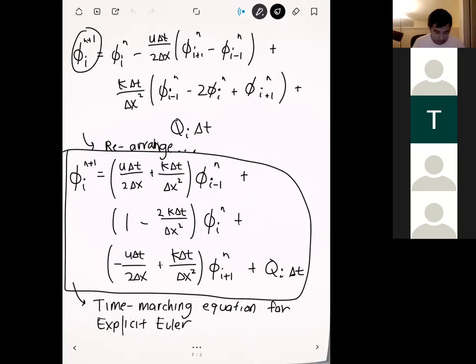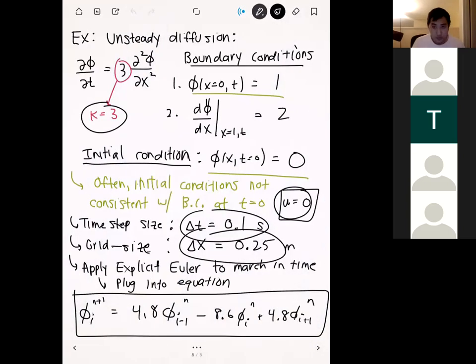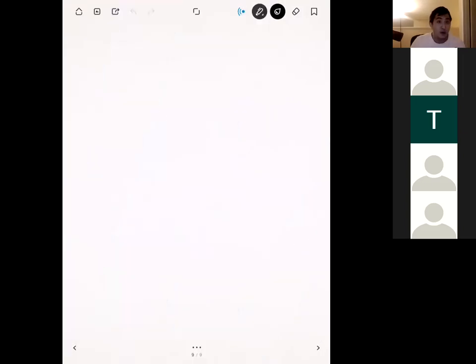Okay. And so let's see how we actually apply this in practice. Let's take this equation and, just like we do for the steady state cases, apply this at every node in our grid.